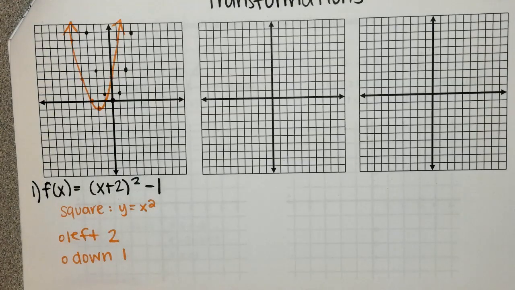I will count off if you don't have arrows. However, I am not as picky as some teachers. If you don't go off the graph, I don't make a big deal about it. However, if you cut your graph off right here, I will count off points. Does that make sense? Make a full parabola.